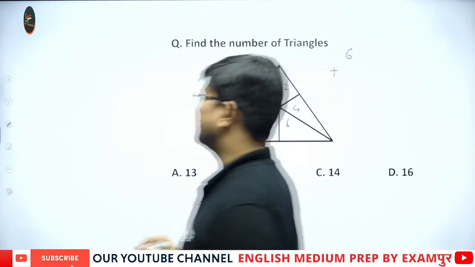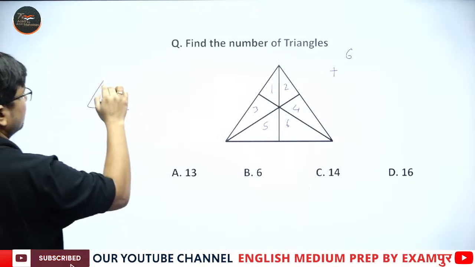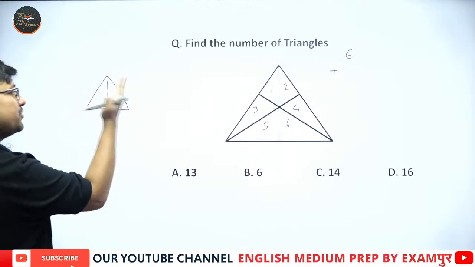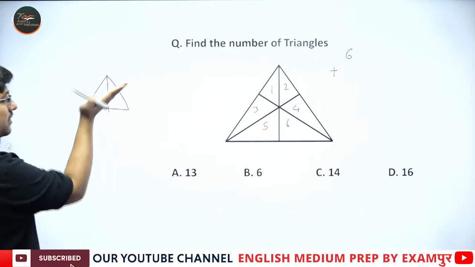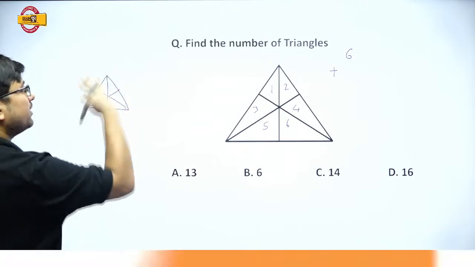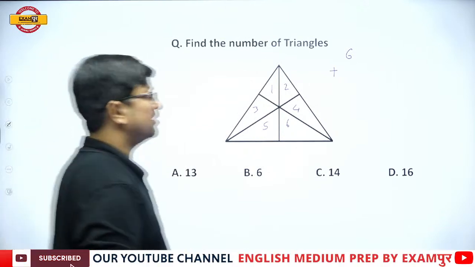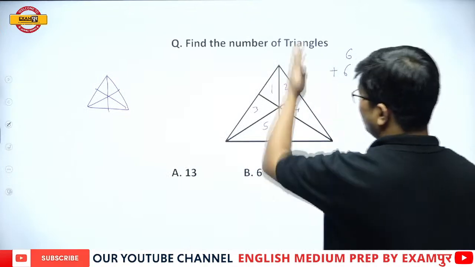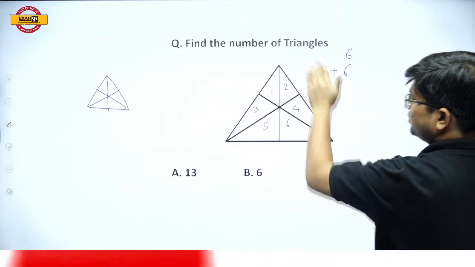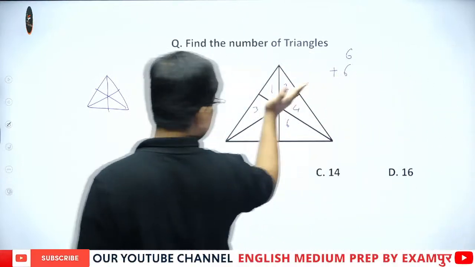Now, suppose there is a triangle, and if you divide it in this way, then 2 triangles will be formed, 1 and 2. Again, if you divide it in this way, then again 2 triangles will be formed, and around this if you divide again 2 triangles will be formed. So the same thing, 6 further triangles will be formed, about this 1 and 2, about this 1 and 2, and about this 1 and 2.